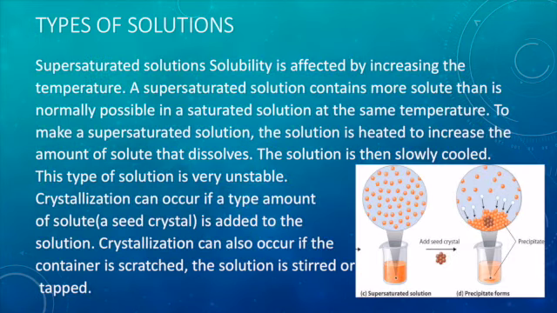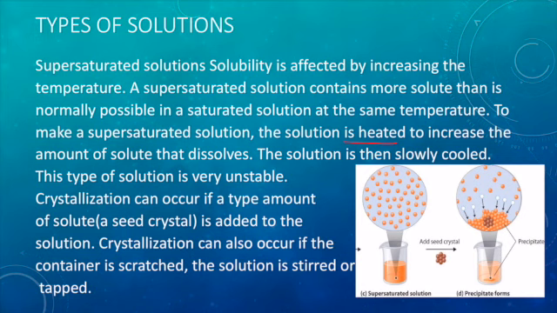Supersaturated solutions. Solubility is affected by increasing the temperature. So a supersaturated solution contains more solute than is normally possible in a saturated solution at the same temperature. To make a supersaturated solution, the solution is heated to increase the amount that can dissolve. Then it's slowly cooled.